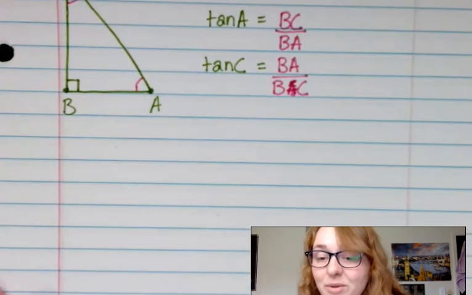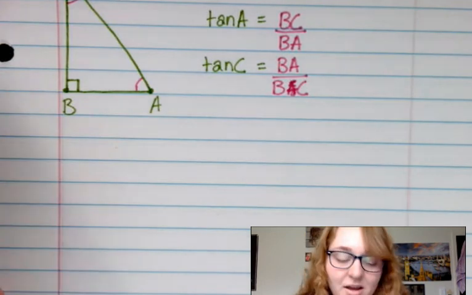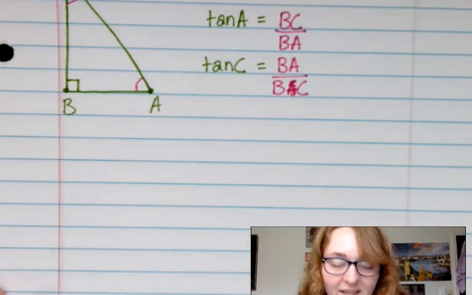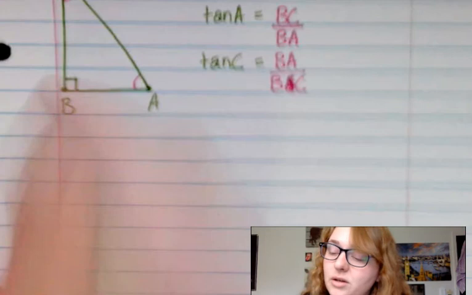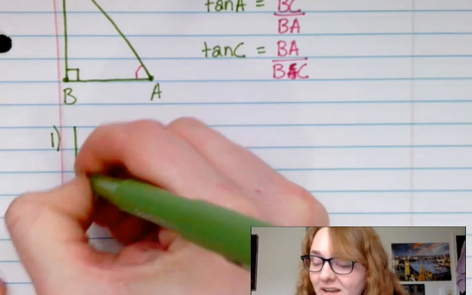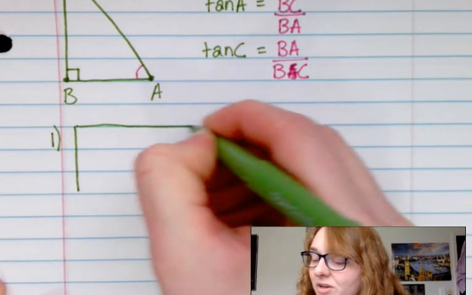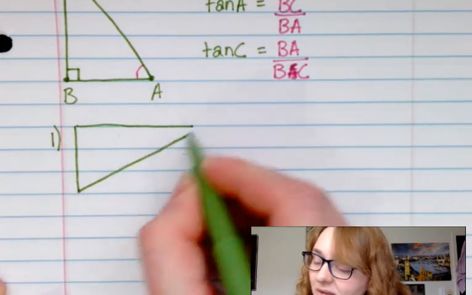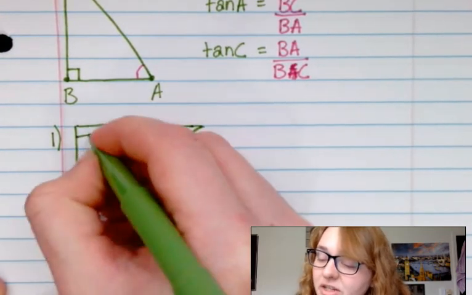Now let's do an example with numbers and everything so we can go ahead and get some practice in. So our first example here today, we have our right triangle, very important. We need a right triangle to do our trig ratios.